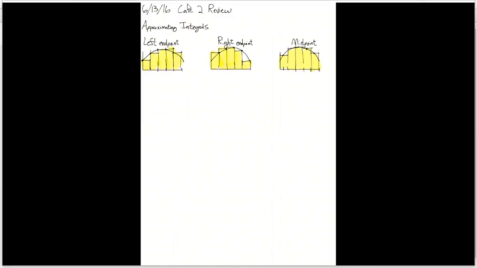Now, writing these out in terms of our approximations, if you remember, we've got the integral from a to b of f of x dx is approximately the sum of these rectangles.